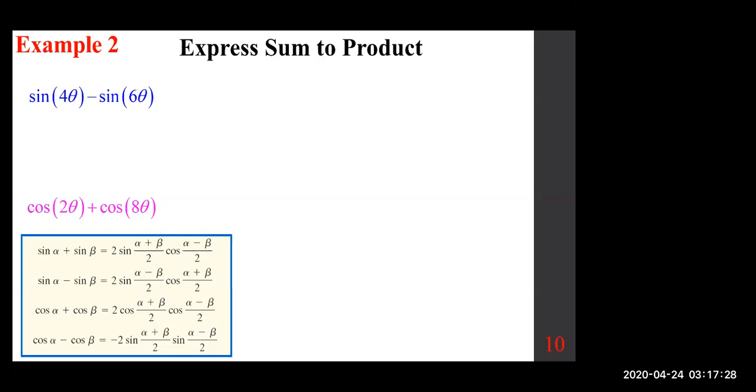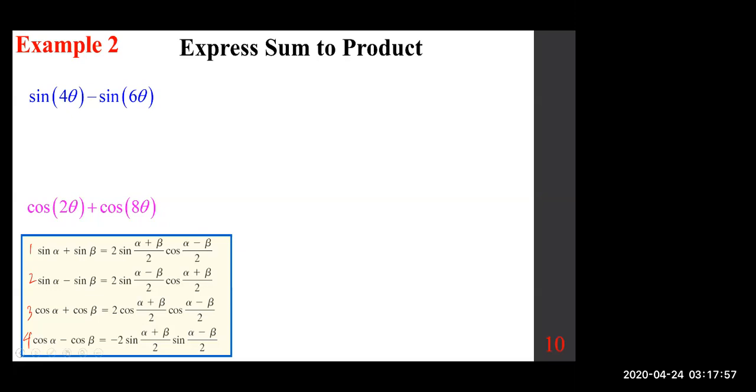Okay. So we are going to use, okay, let's give them numbers. 1, 2, 3, and 4. Sine of 4 theta minus sine of 6 theta, and looks like which one of those? 1, 2, 3, or 4?